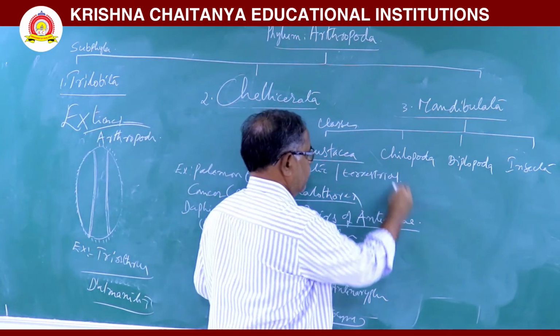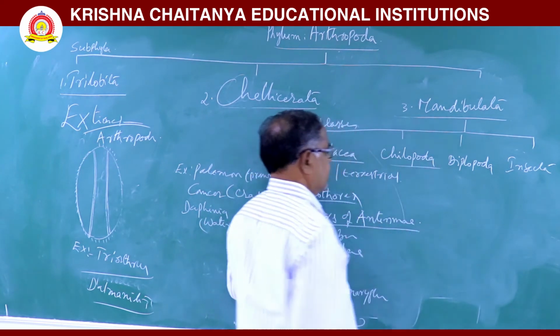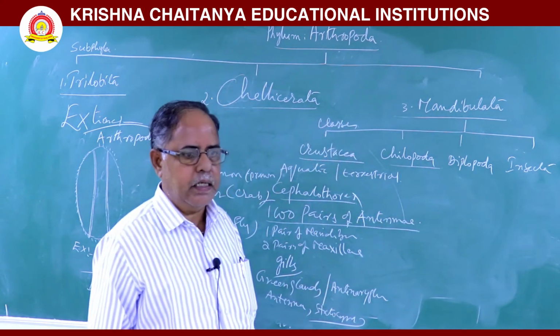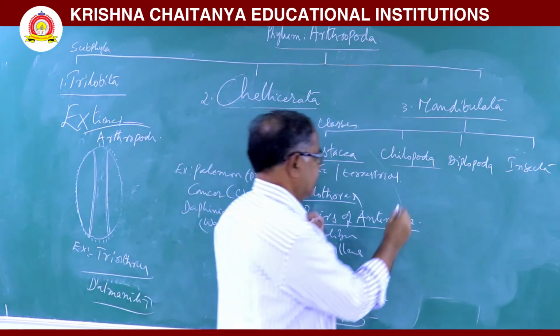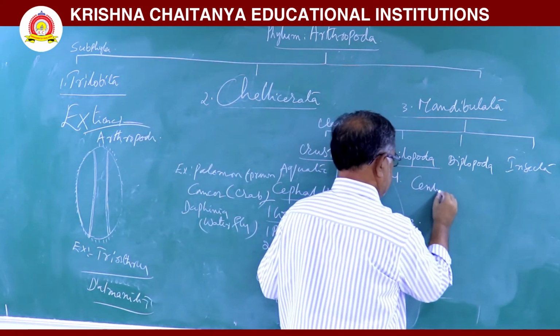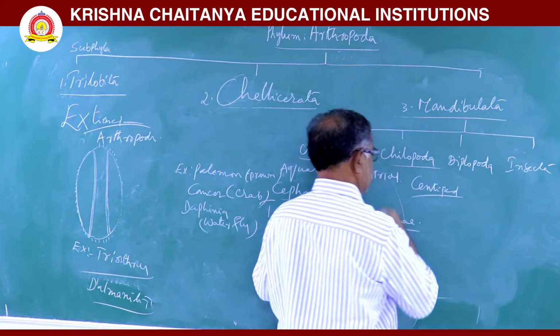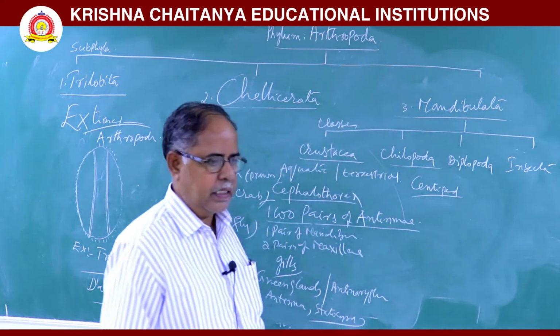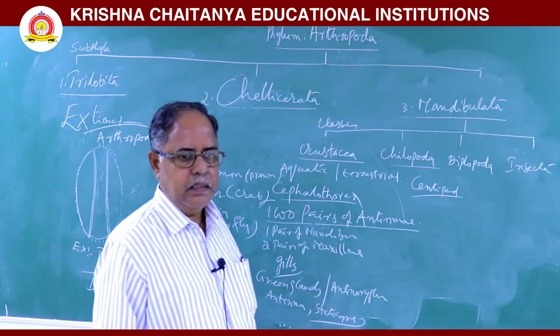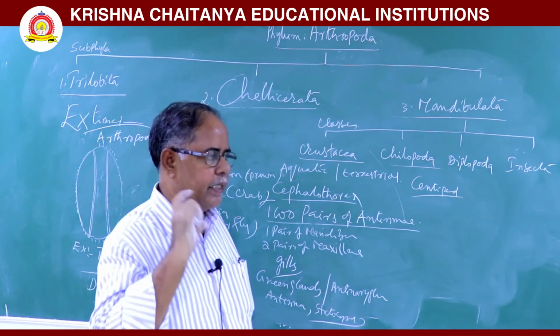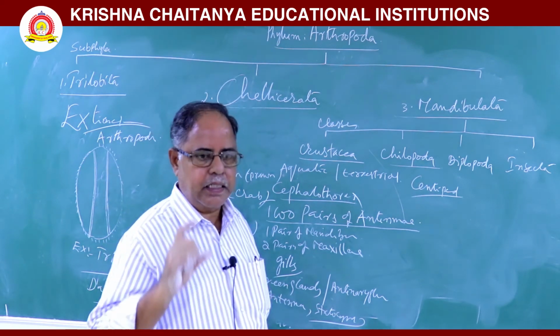Next, Chilopoda. The animals included under class Chilopoda are generally called centipedes. These animals have 100 legs. The body is divided into head and trunk.